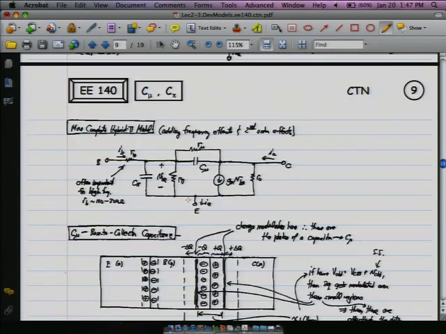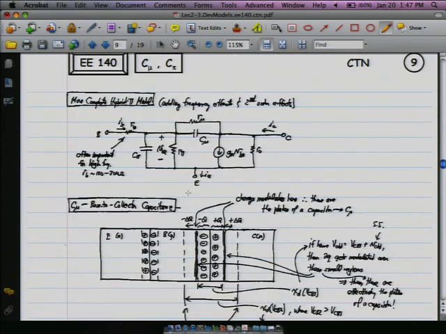So first thing we do is, at the point that we have to consider frequency response, we have to make the model more complicated. And these are probably parameters that you've seen before, but we have this C pi right here. We have a C mu between the base and collector. We have an R mu, and we have an RB, a base resistance.